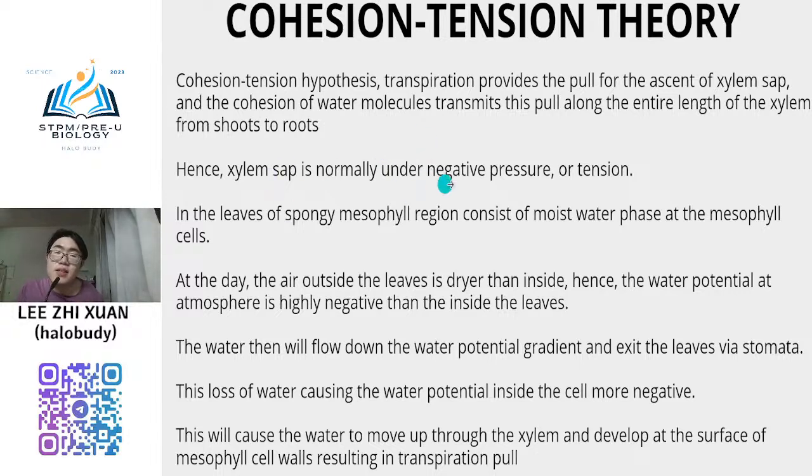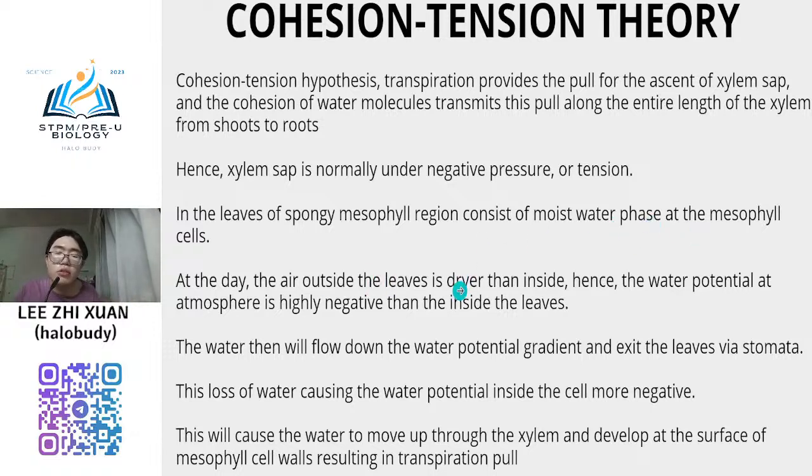So normally xylem sap is under negative pressure, or what we call tension. Okay, so this is the first step. I already mentioned that in your leaf, your spongy mesophyll contains moist water. In the day, the water will diffuse out from the mesophyll cell into the atmosphere.